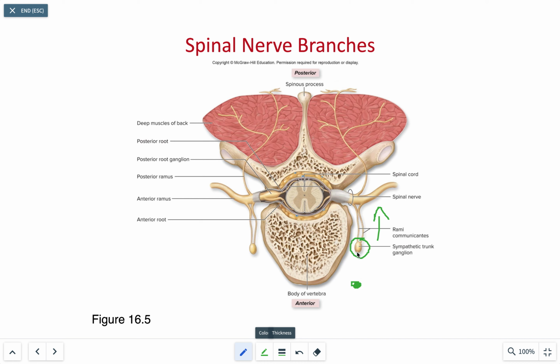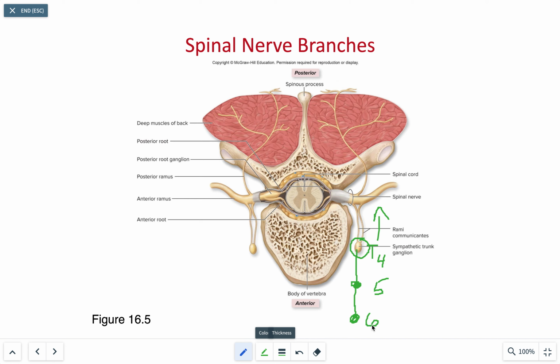These actually are interconnected, and if we keep going down the thoracic regions, these sympathetic trunk ganglia are interconnected. Say for instance this one is T4, and I keep going down. This is T5 and T6.